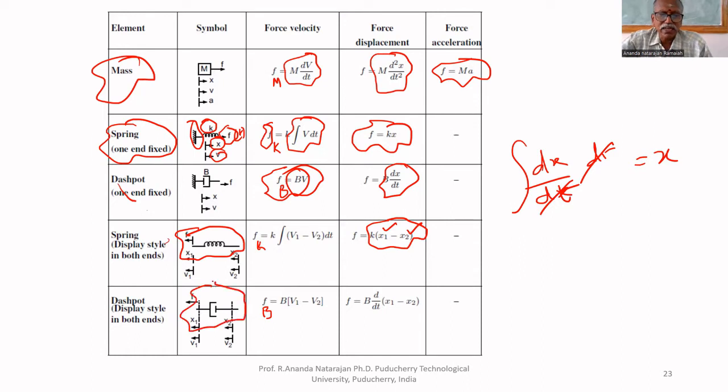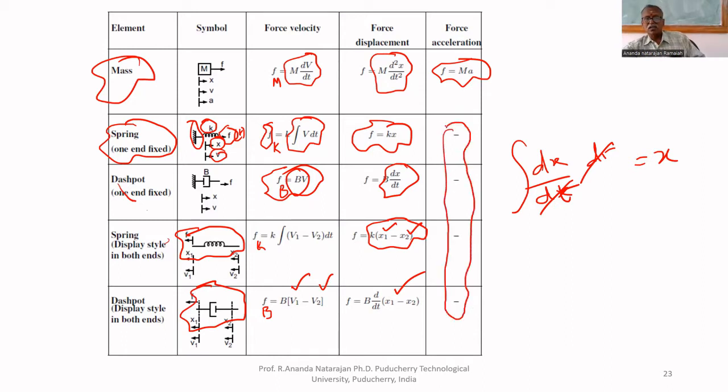Both ends free in the case of the dashpot, then b times v1 minus v2, or the derivative of x1 minus x2, the derivative of displacement, that is velocity. So these are the expressions for reaction force that we should remember to obtain the mathematical model. These are empty for the mass because there is no acceleration form.